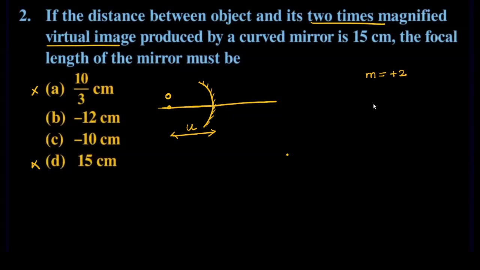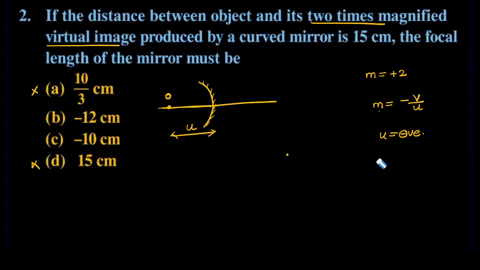The magnification formula is m = -v/u. The object distance is negative, so we need m to be positive. The condition is that u is already negative.